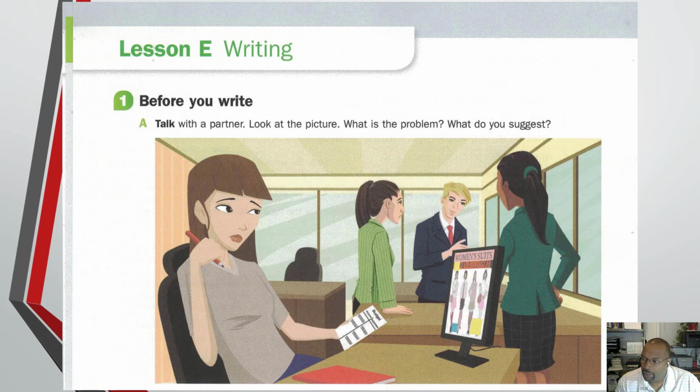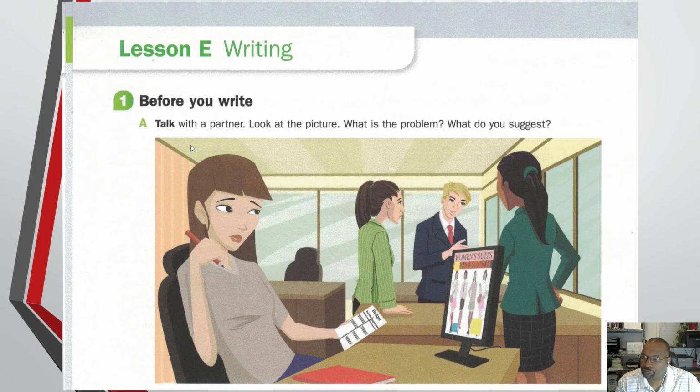Now behind her are three people, two women and one man, and they all look to be professionals because they are wearing suits. The two women are wearing suits with a skirt, and the man is wearing a suit and tie.